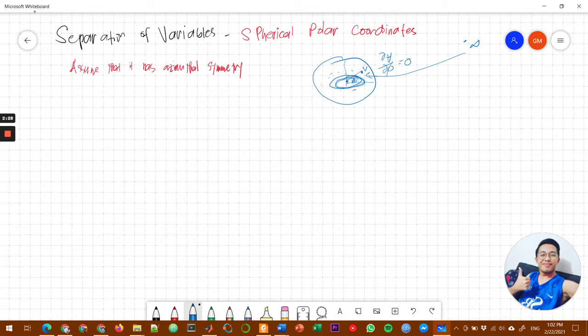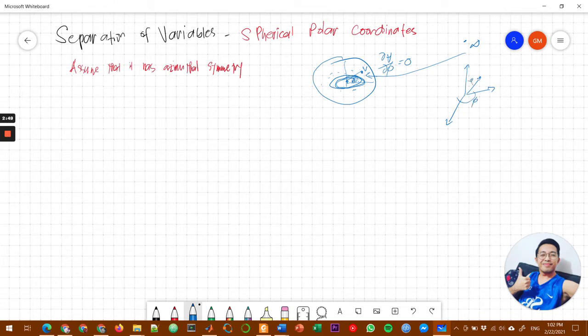Diba katong sa ato ang spherical polar. So we have, let's say, kani siya nga point, right? So this is theta and this is phi.